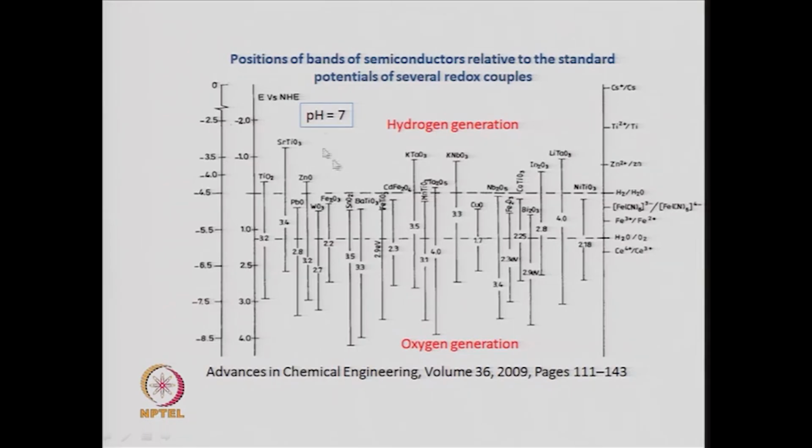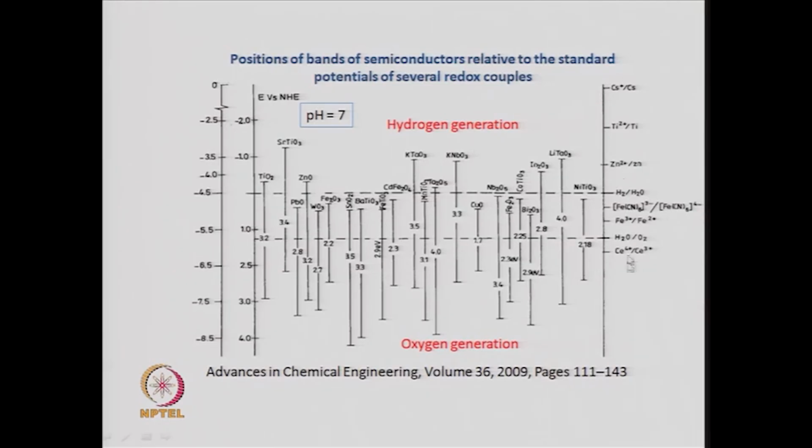You can find out from this plot which one you will use to choose a material for a semiconductor catalyst for hydrogen generation or for oxygen generation. And so, as I said, the lower the conduction band, the better it is for an oxygen generation catalyst; the lower the valence band, the better is the oxygen generation; the higher the conduction band, the better is the hydrogen generation.